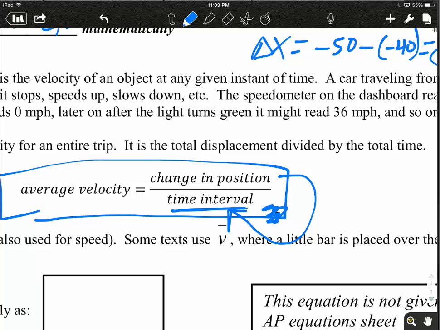If something travels, let's say 100 meters, and they ask what was the average velocity from 2 to 4 seconds, well, you didn't travel 100 meters in 2 to 4 seconds, you traveled 100 meters total. So be careful there that the change in position has to match up with the specific time interval that you're talking about.